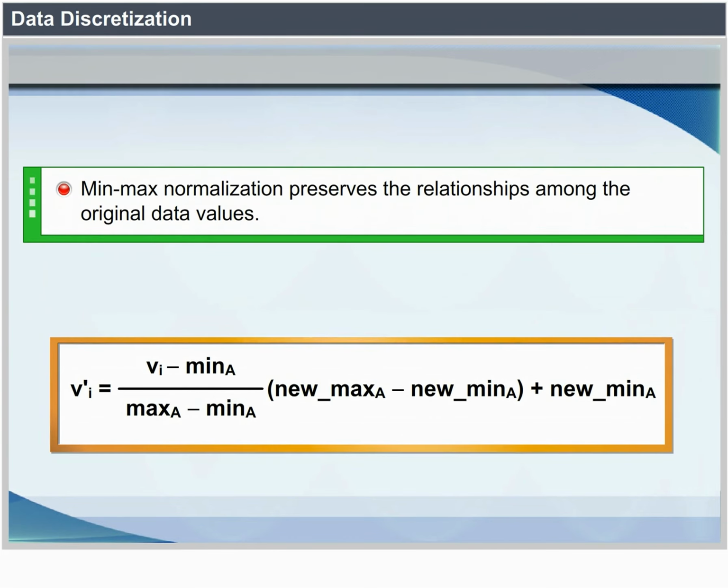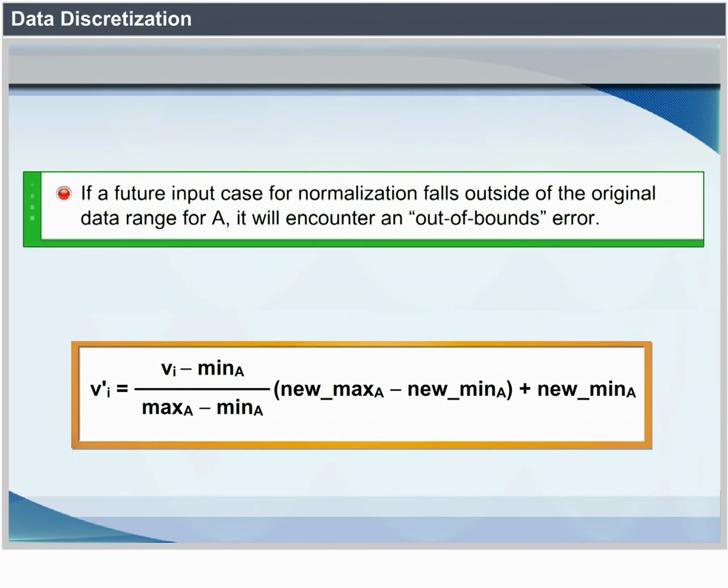Min-max normalization preserves the relationships among the original data values. It will encounter an out-of-bounds error if a future input case for normalization falls outside the original data range for A.